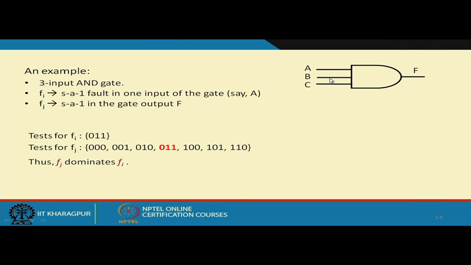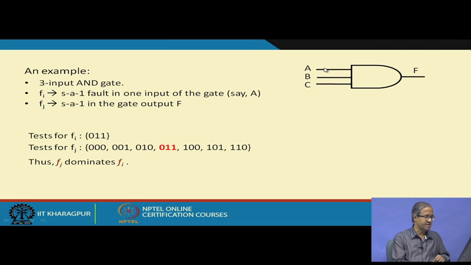These are the so called non controlling values that we had discussed earlier, if you recall, and A is the point where fault is there. If there is a fault, this will be 1, if there is no fault, I have applied a 0. So, fault free case output is 0, faulty case output is 1. There is a single test.